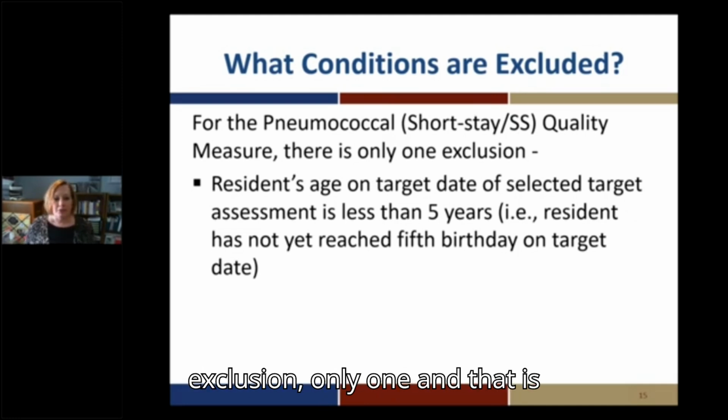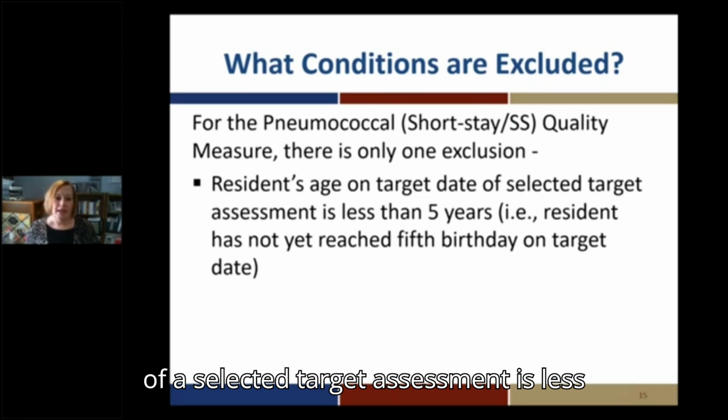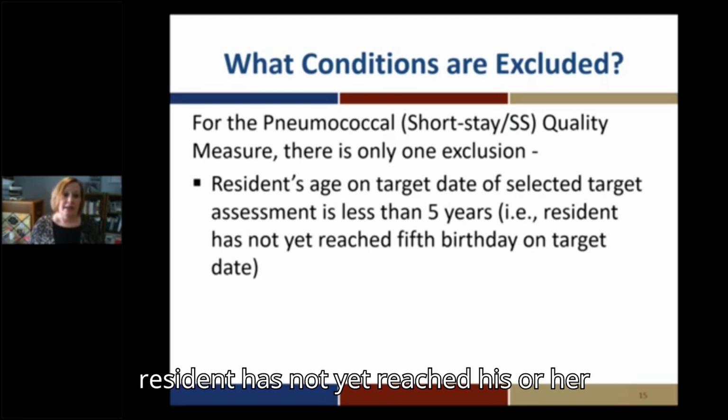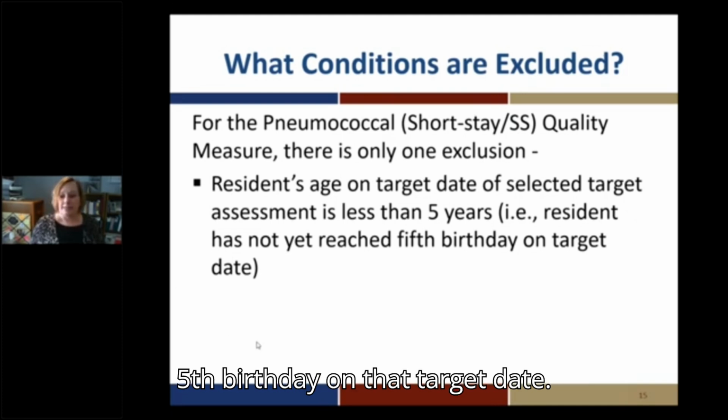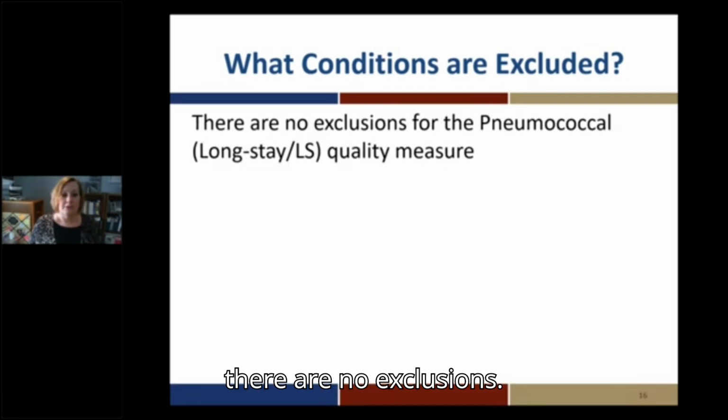There is an exclusion, only one, and that is a resident's age on the target date of a selected target assessment is less than 5 years. In other words, the resident has not yet reached his or her 5th birthday on that target date. For the long stay pneumococcal measures, there are no exclusions.